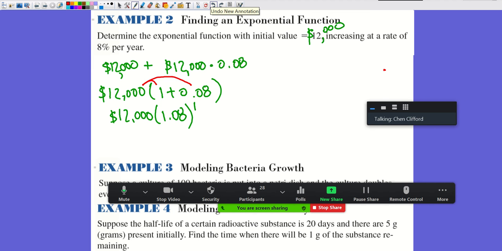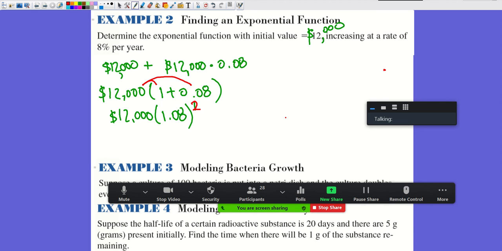Then this is going to become 2. You can do it the long way, which is multiply it by another 1.08. Or you can just change that green 1 to a 2. That's how much money you have after 2 years.